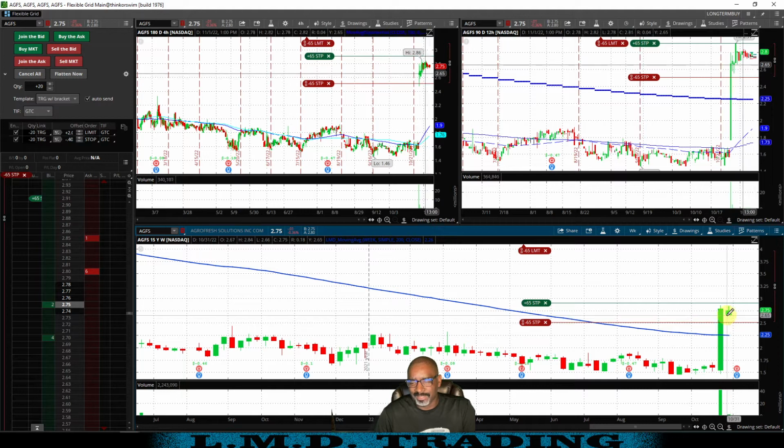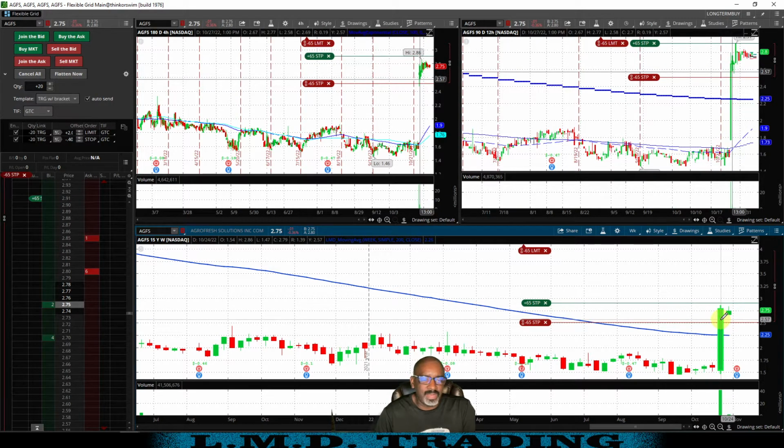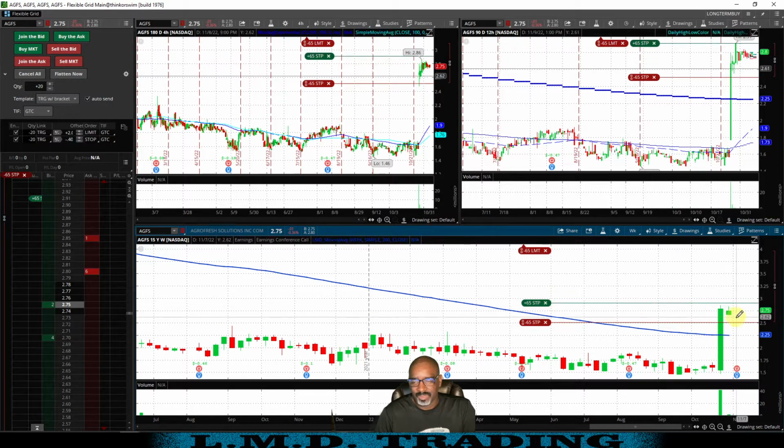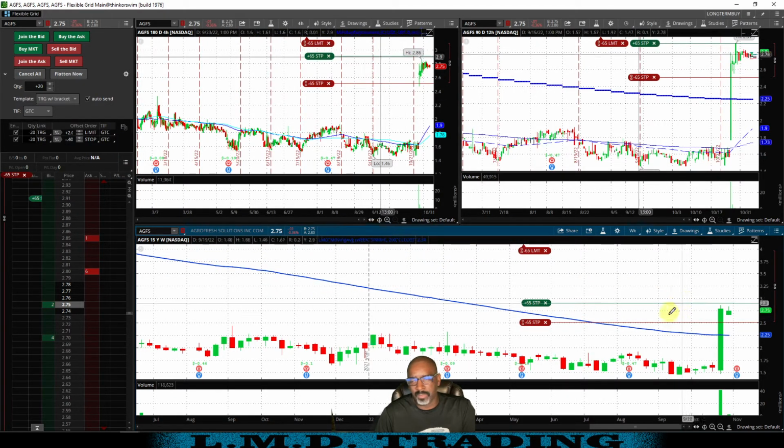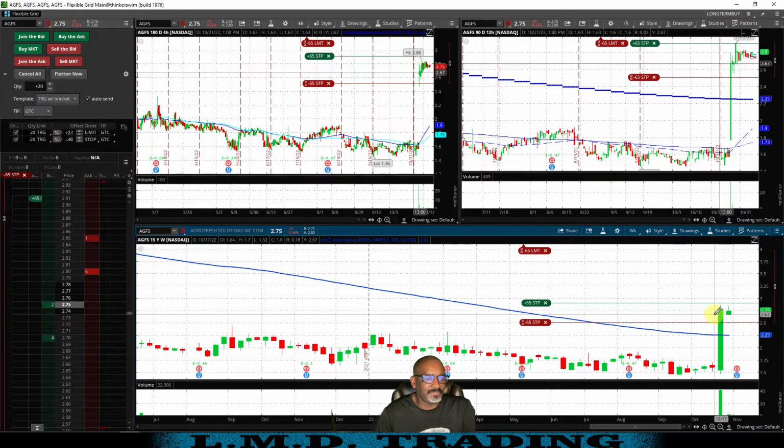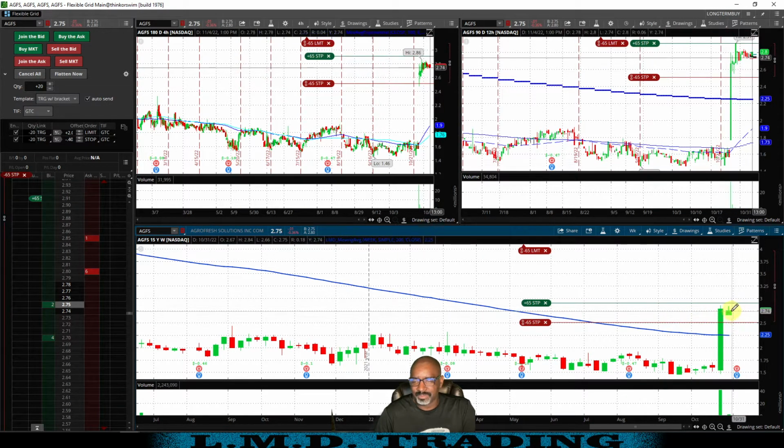Then we got this little tiny resting candle. So right now, I have an order in the system. It's good till close. So this won't trigger until the market opens. I want to say this was like a 40-cent stop.